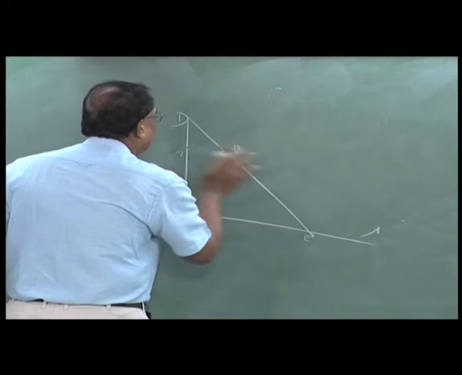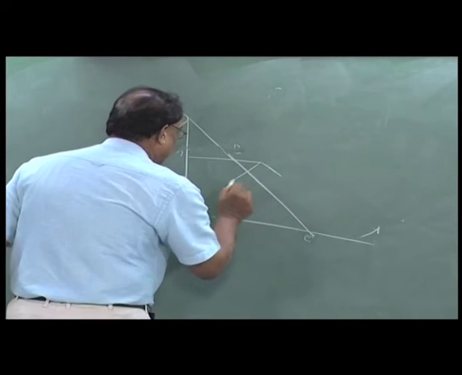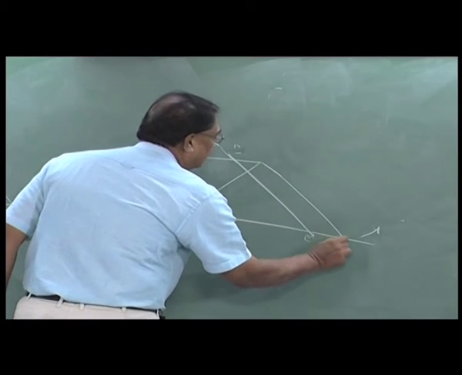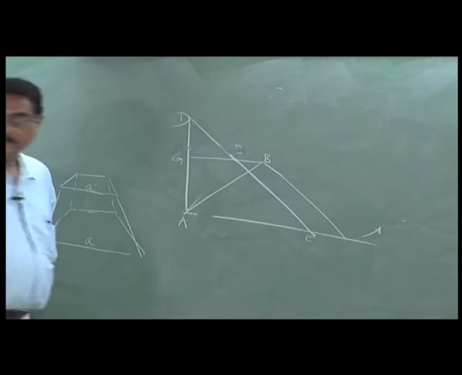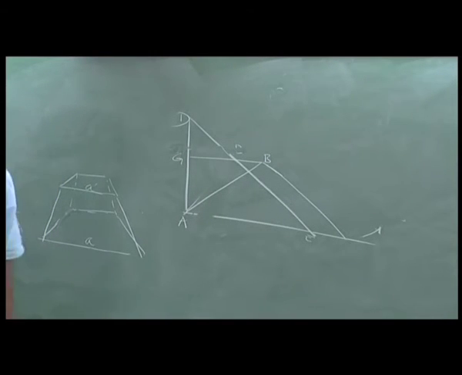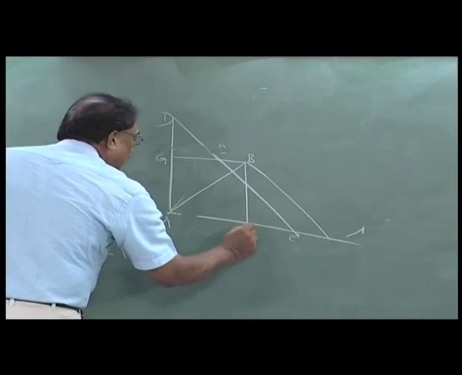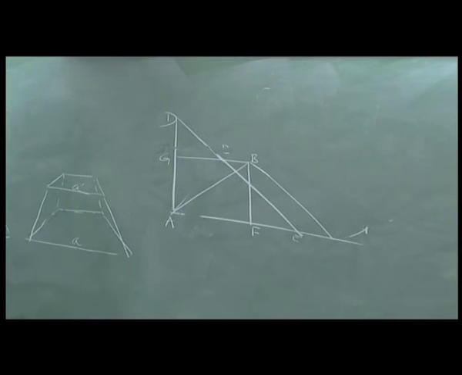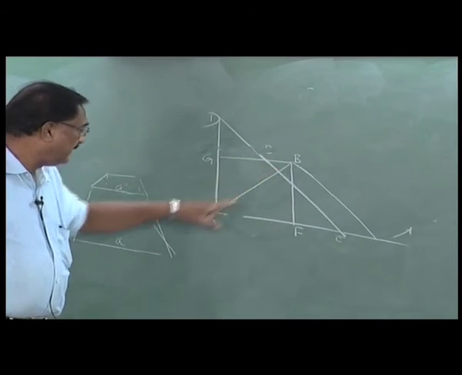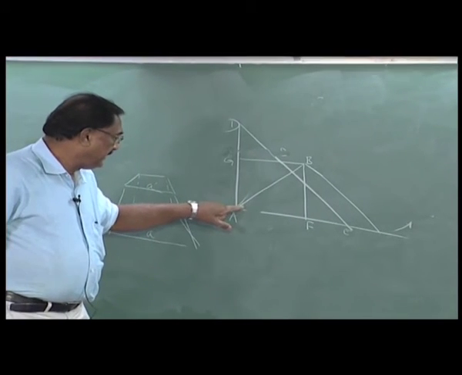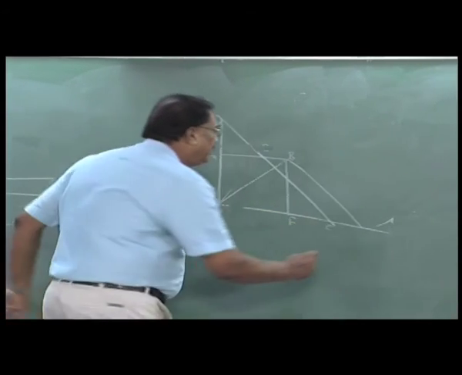Slanting is this actually, and suppose this is the slanting pillar, so this will be like this. So this is B, this is G, and this is the figure, and this is F. So the shadow in the vertical position is AE, and the shadow in the slanting position is AC.